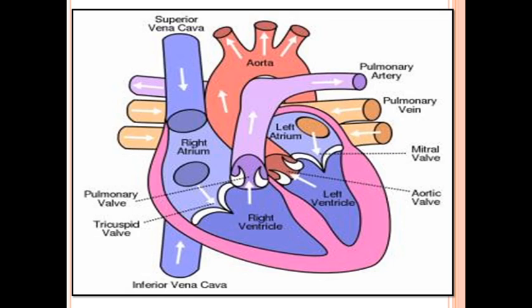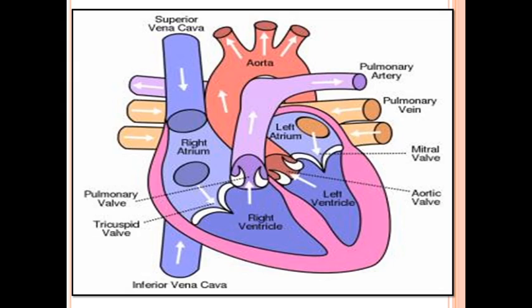Now don't think about the upper chamber and lower chamber, that is about the structure. Now the circulation: right atrium to right ventricle, carbon dioxide-rich blood, where there is removal of carbon dioxide and absorption of oxygen. What is happening on the left side? The left atrium receives oxygen-rich blood as it comes back to the heart from the lungs.